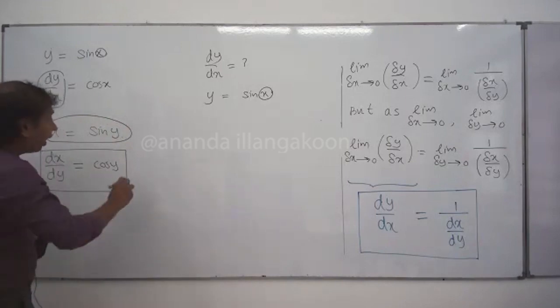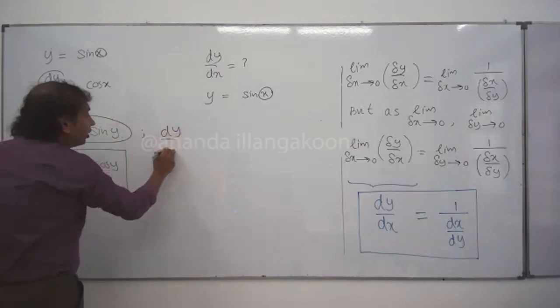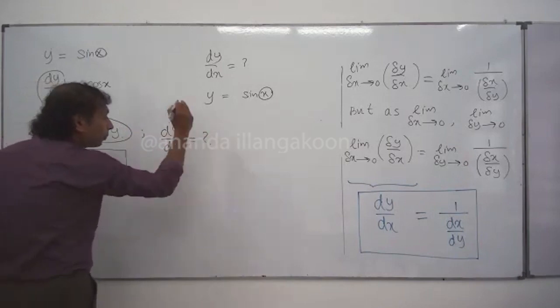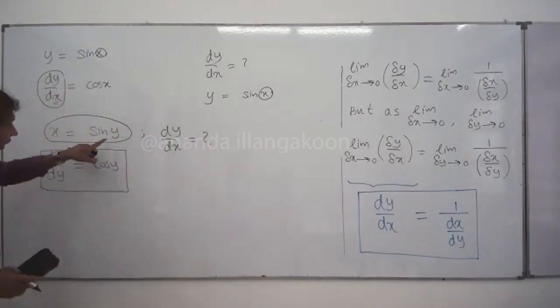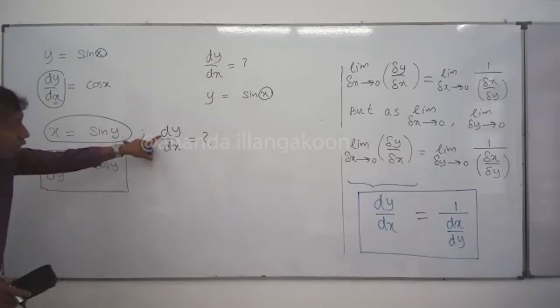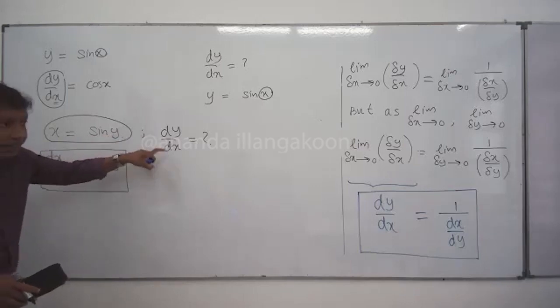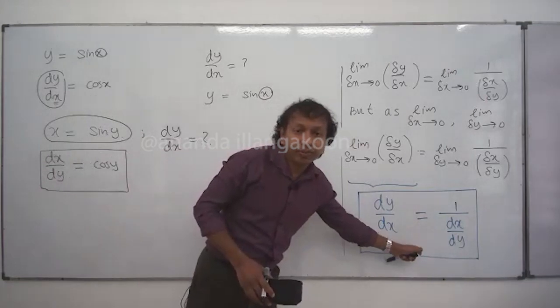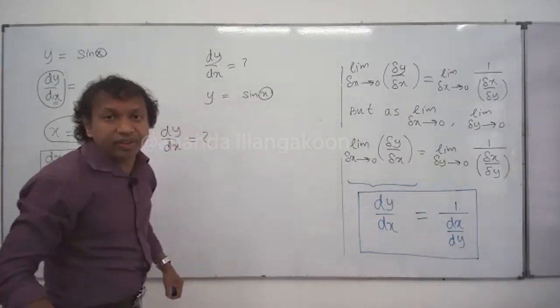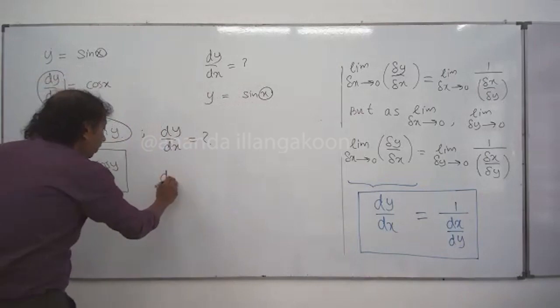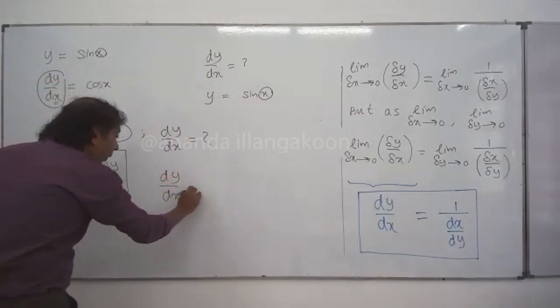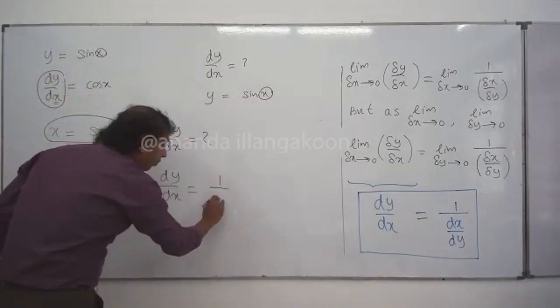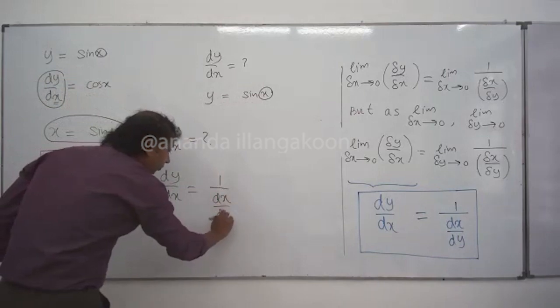But given like this, if we are asked to find dy by dx, since on the right hand side we don't have x, directly you can't find dy by dx. On that occasion, we take the help of this relation. What is dy by dx then? It is equal to, by the rule, 1 upon dx upon dy, no?